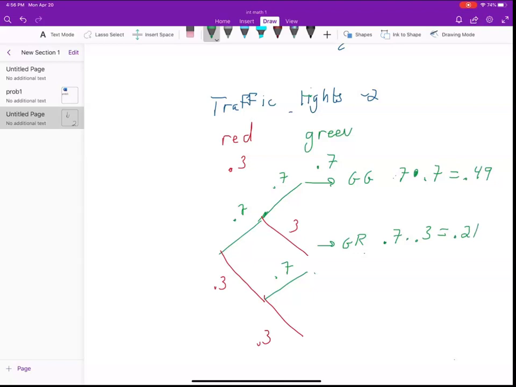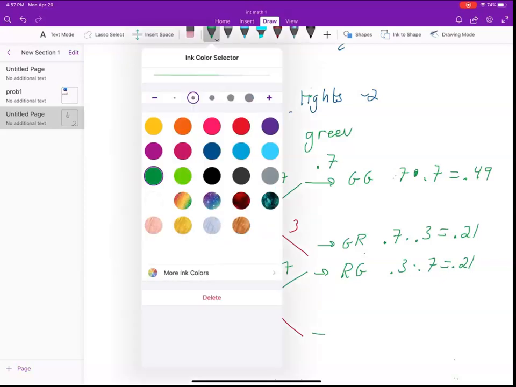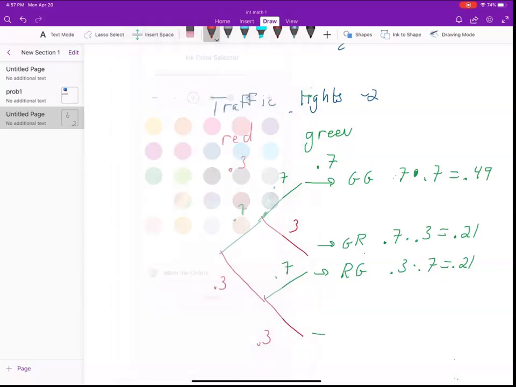All right, here's this one, 0.3. So this is red, green, 0.3 times 0.7, 0.21. And then finally, to get the red, I'm going to just change this to red for this guy. All right, red, 0.3 times 0.3 equals 0.09.